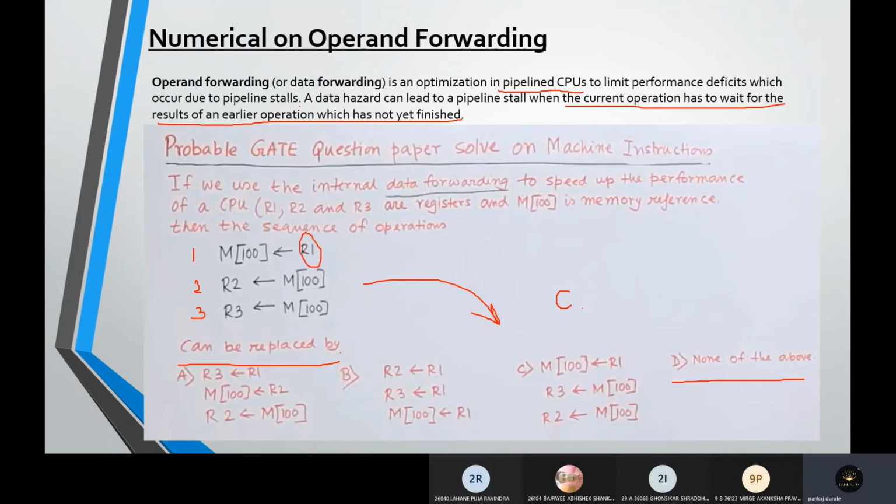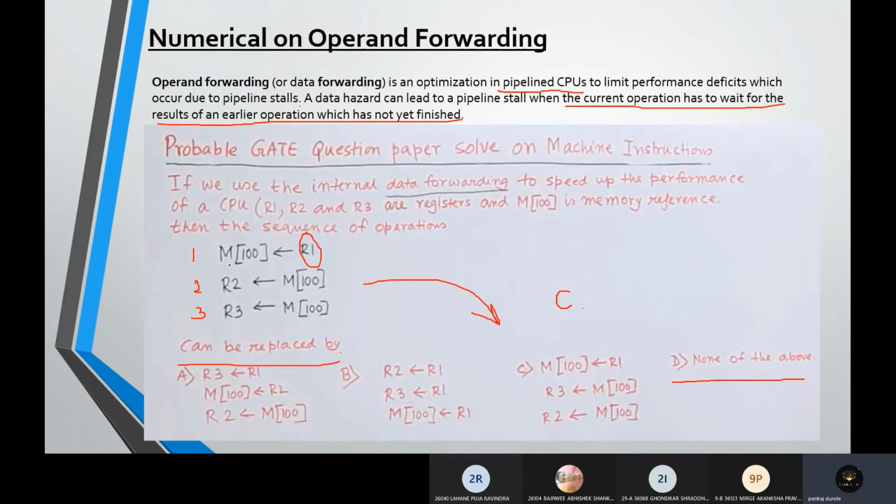Here you can see that the content of R1 is moved into M100. Now this is the second instruction, which is dependent on the first instruction. So there is a clear-cut dependency between these machine instructions, because the content of the R1 register is moved into the M100 memory location, and the contents of the M100 memory location are now moved into R2 register.